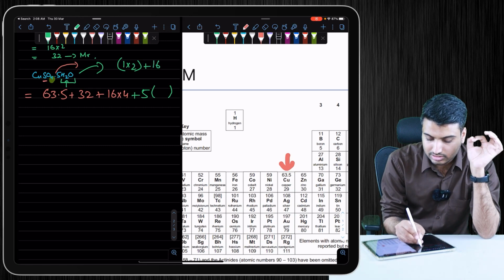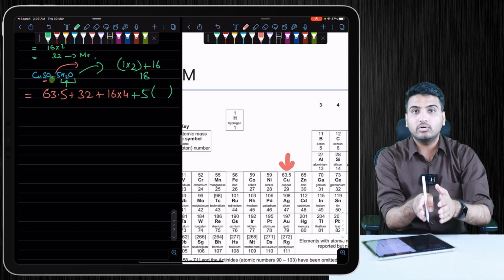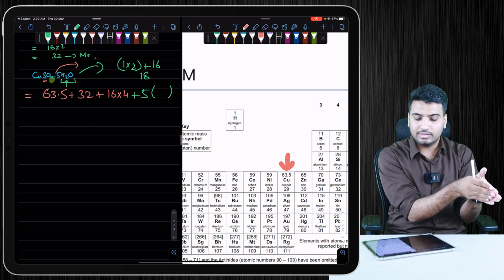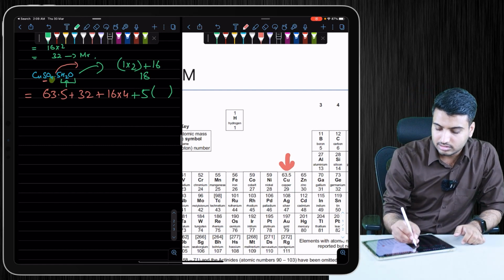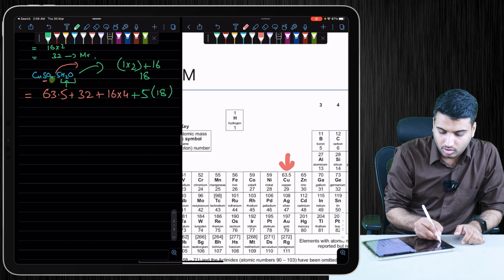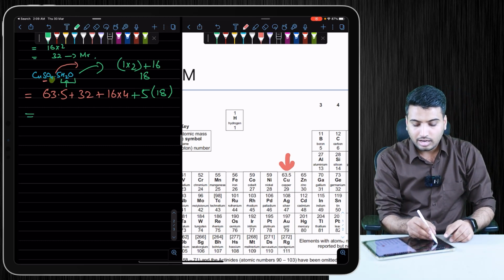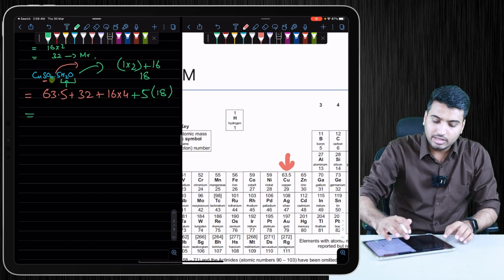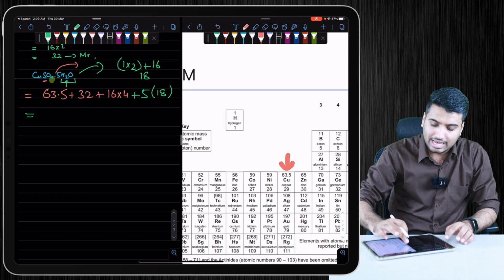So this gives us the value 18. You need to calculate this value separately, then type it within this bracket. When we add it up, this will give us the relative molecular mass of hydrated copper(II) sulfate.